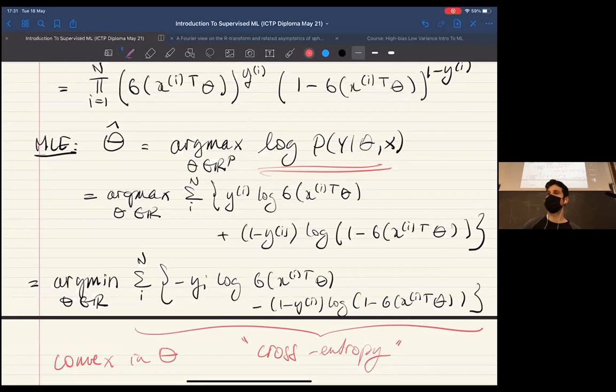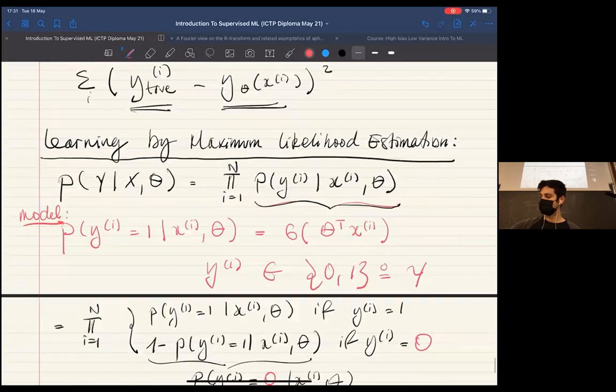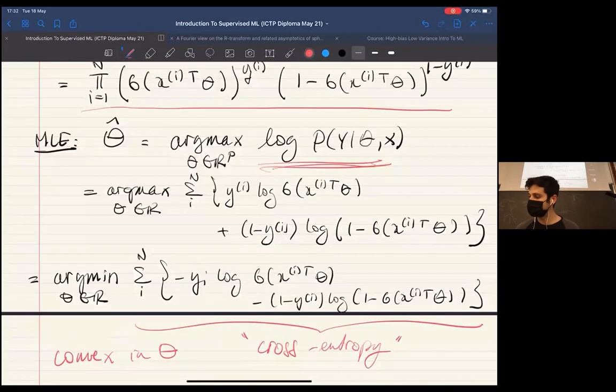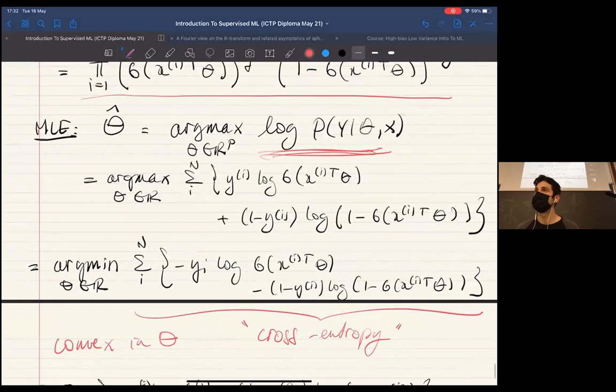So here it's different. The likelihood is not a Gaussian anymore. The likelihood is what I wrote here. It's the likelihood according to a logistic model. Normally after this you have to compute the loss, which is minus this. Theta are the parameters.